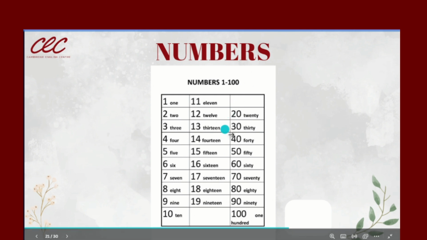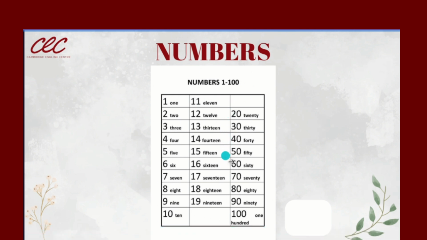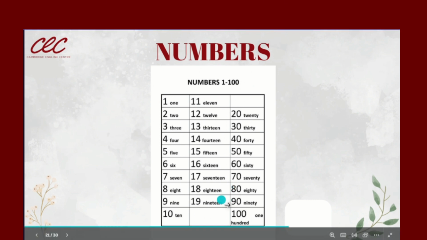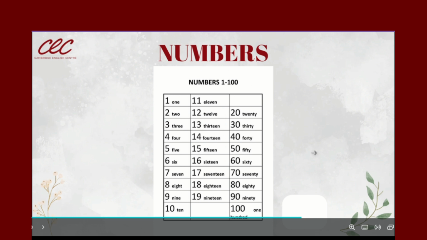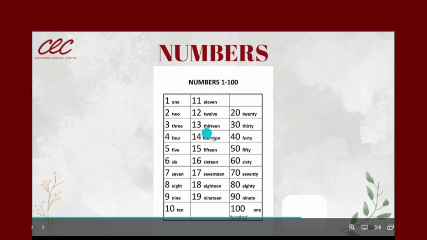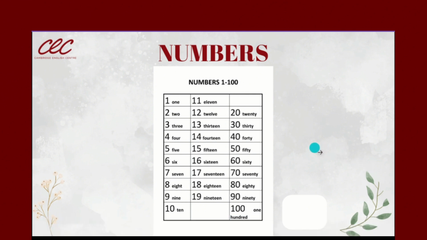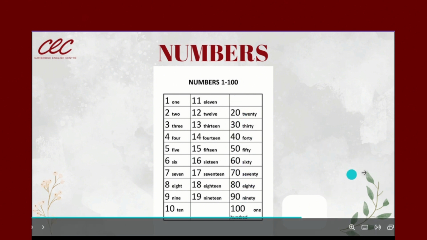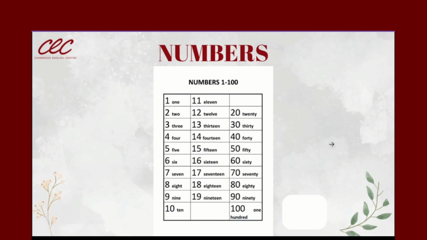Now, let's look at the other numbers. 20, 30, 40, 50, 60, 70, 80, 90, 100. Okay, what is the difference here? That from numbers 20 to 90, the word stress is on the first syllable, right? 20, 30, 40, 50, 60, 70, 80, 90.